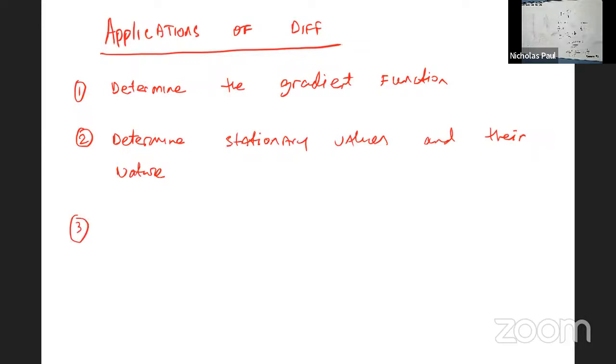Right. And third thing they use them for, well, there are some other things too, but for you, these are the three things that you have to do. Rates of change. Oh, wait, one more. How did I forget that? There's one more thing that we use differentiation in. Kinematics. Right? We use it in kinematics.